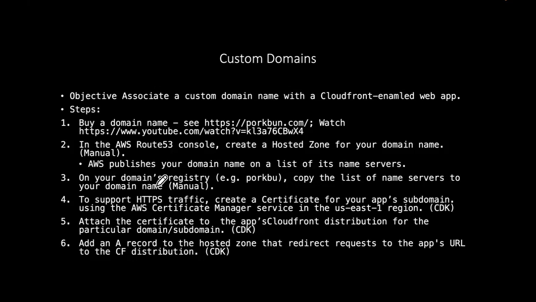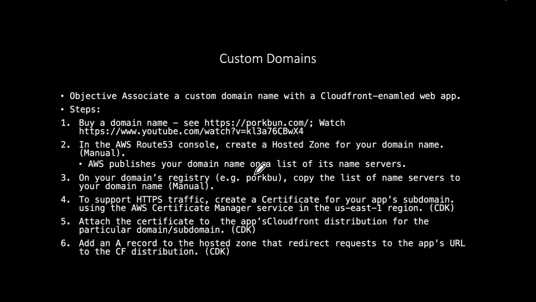to your domain name. So you need to copy the name servers to your domain name, as in you've created your domain name in porkbun.com. So there's an entry for, in my case, DermotO'Connor.com, in the porkbun registry website.